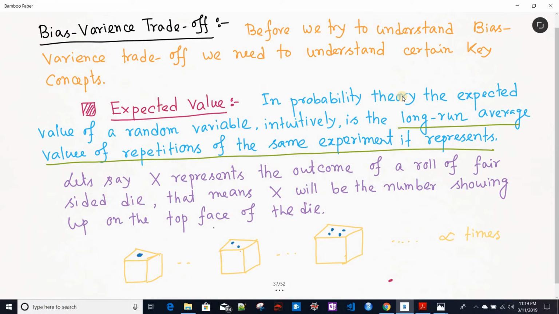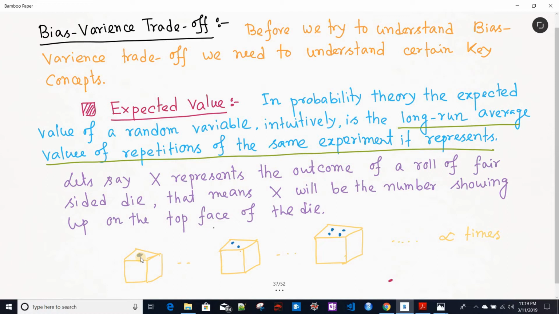One key concept is expected value, another is bias, another is variance. Now, what is expected value? In probability theory and statistics, what is a random variable? Basically, when you do some kind of experiment, let's say we are rolling a fair six-sided die, and we determine what number comes up on the top surface.